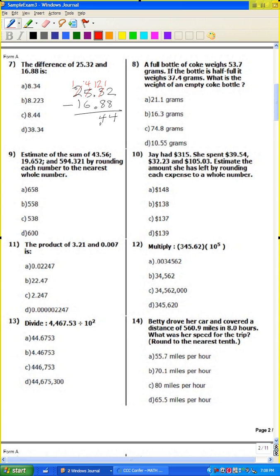So 2 becomes a 1. 14 minus 6, 8. And so the answer is 8.44.